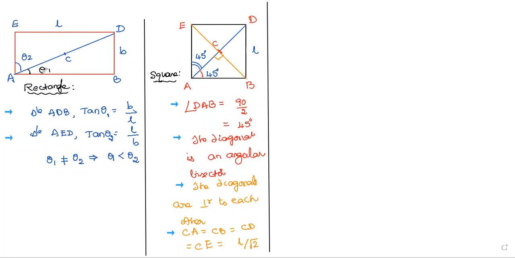Okay, so shall I conclude from this above explanation here? The diagonal is not an angular bisector.